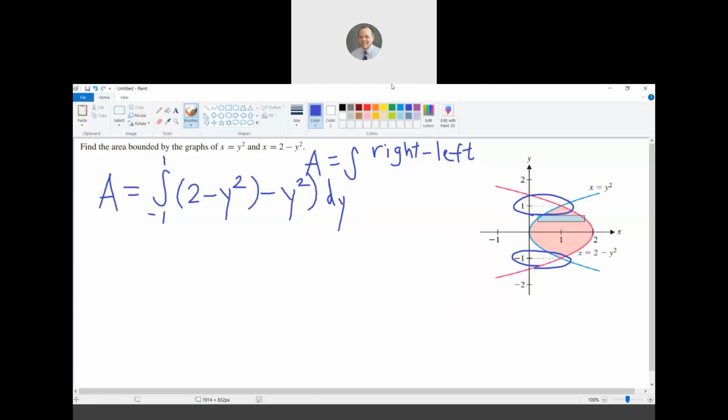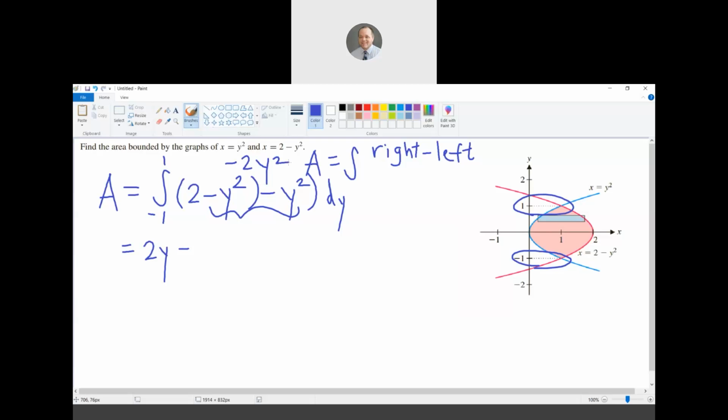Now we are ready to integrate. The integral of 2 is just 2y. And the integral of negative y squared, oh, I'm sorry, we can combine those together and make it -2y squared.